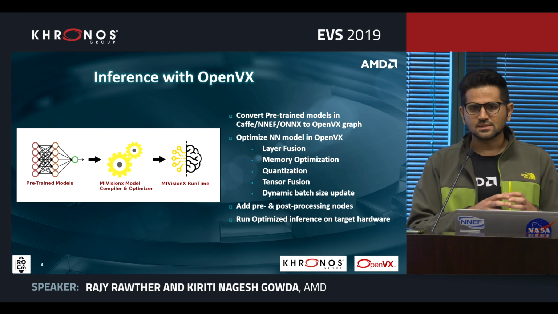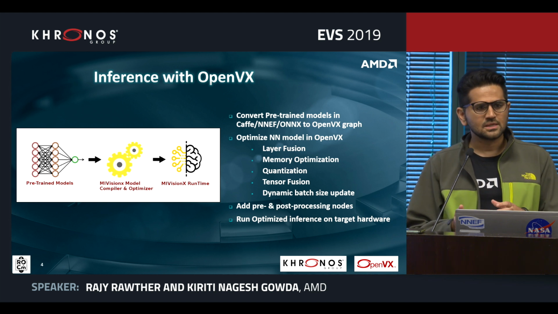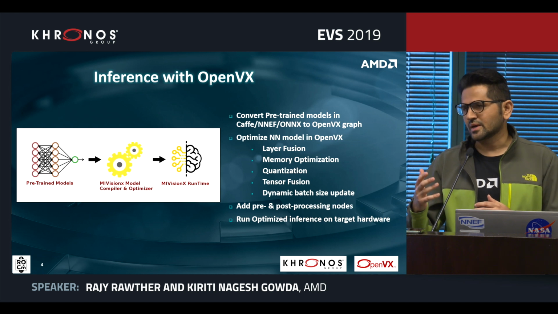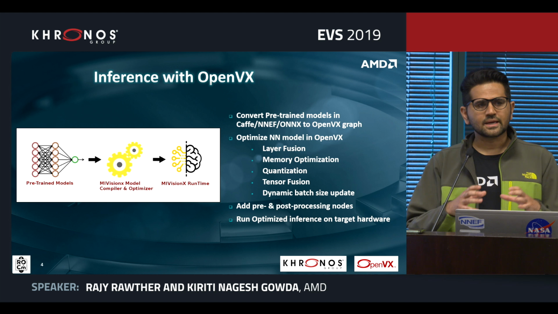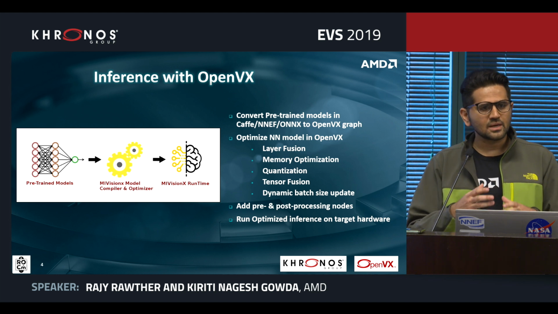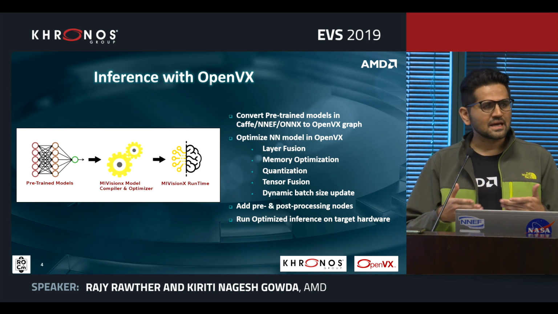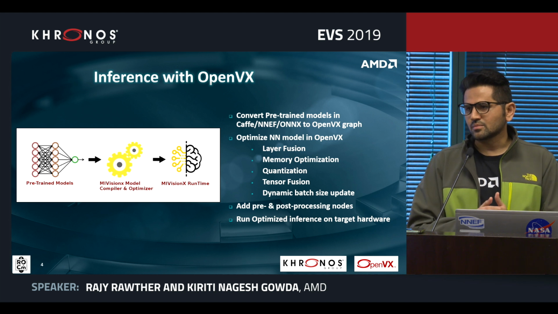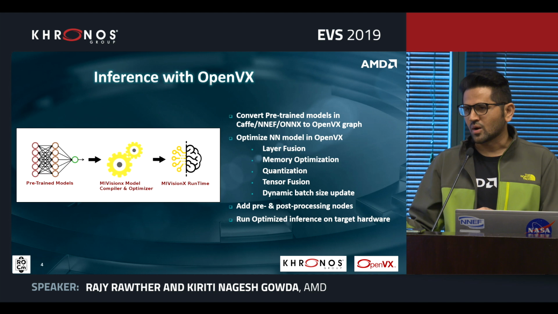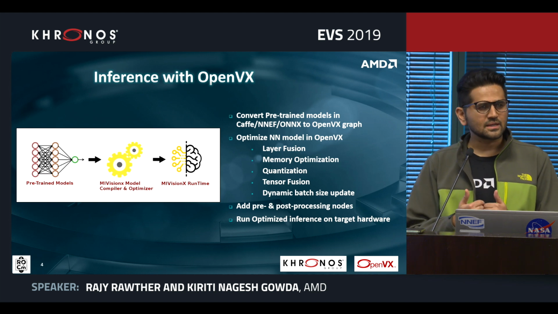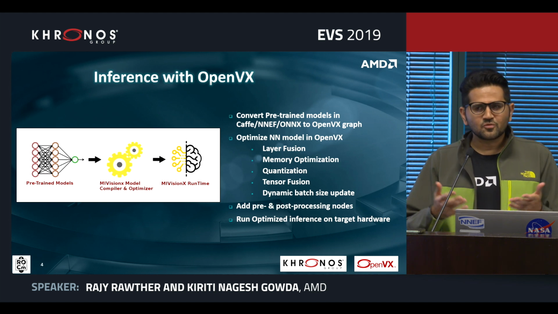Then you need to add some pre and post processing nodes. For example, if you are running some kind of image through your model, you want to be able to crop, resize, maybe add some filter, maybe enhance it, right? So you want to do some pre-processing to the image before you convert it into a tensor and send it to the model. And then once you get back your tensor, you want to visualize the tensor.